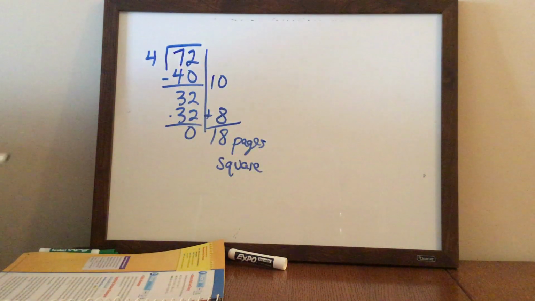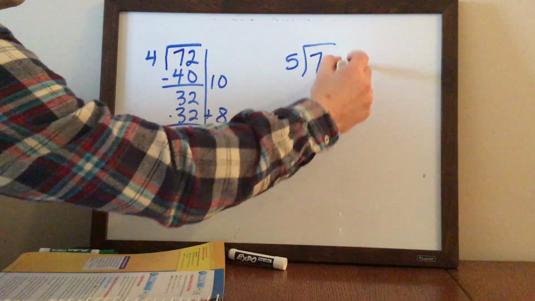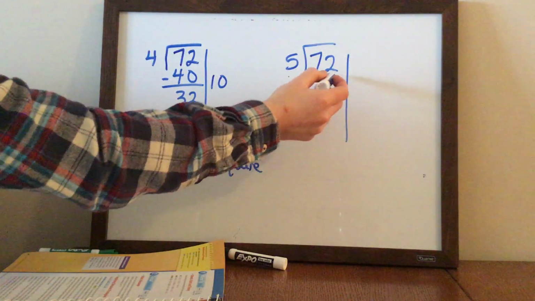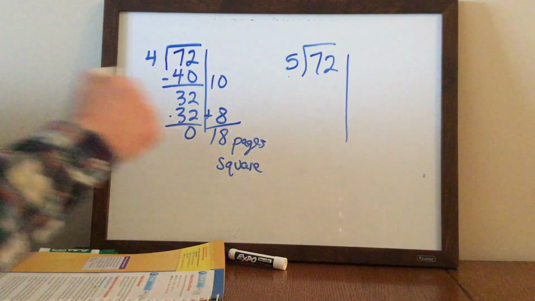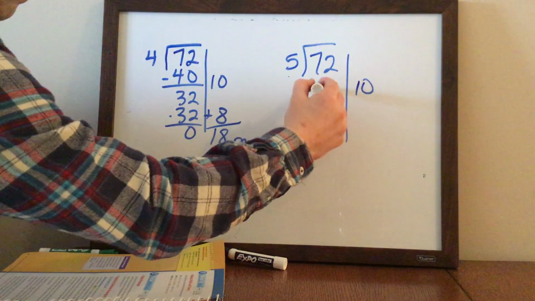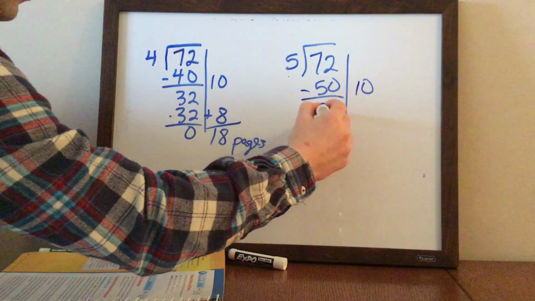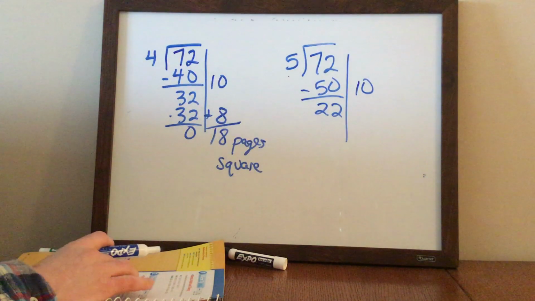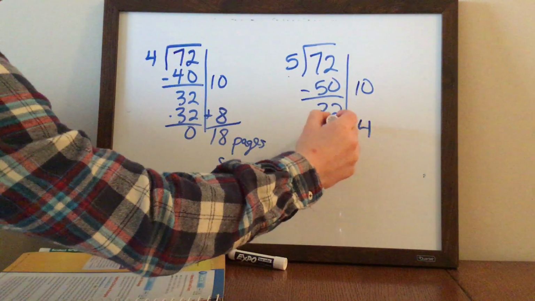Now let's look at the rectangle. It's 72 divided by 5. Uh-oh. I know this isn't going to work out evenly because my multiples of 5 do not end in 2. So let's see what we're going to do here. 5 times 10 is 50. So when I subtract, I get 22. 5 goes into 22 4 times, which is 20.